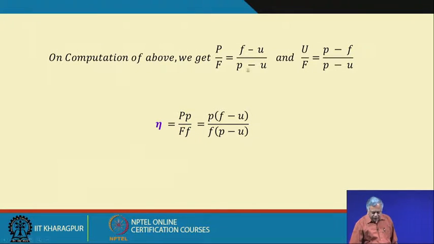I can calculate what fraction of coarser size material was there in the feed minus what fraction of that coarser material has reported to the underflow, divided by what fraction of coarser size material has reported to the oversized fraction minus what fraction of that has reported to the undersized fraction. Similarly, we can also write capital U by capital F is equal to small p minus small f divided by small p minus small u.